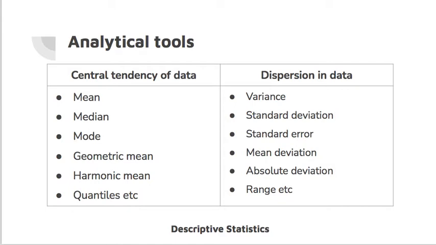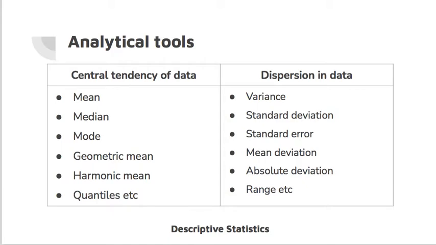If you take the dispersion in data, we can calculate and find out the variance, standard deviation, standard error, mean deviation, absolute deviation, range. When we are trying to understand the variability in the data, we have different types of tools, like those listed under dispersion in data.